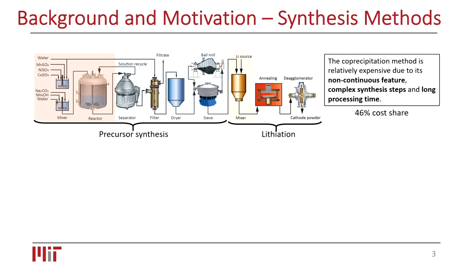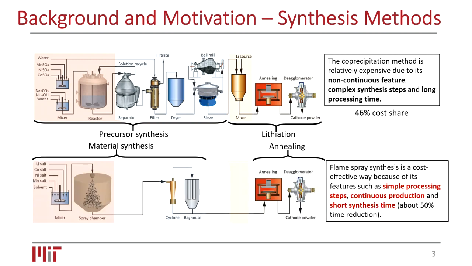Therefore, we are exploring new methods that have relatively few steps and relatively short time. One of the promising candidates is flame spray synthesis. This method also has two steps, with the first step being material synthesis. In this step, all of the metal elements, including lithium, are dissolved in the solution. The solution is sprayed in a high temperature chamber to form solid particles.